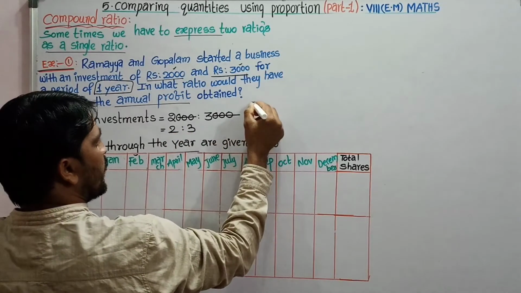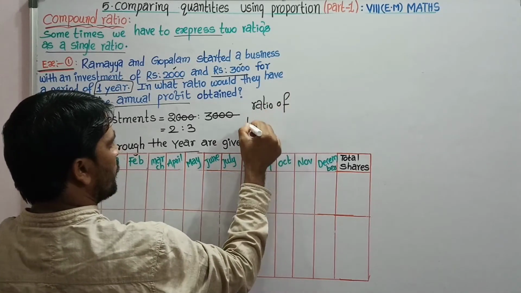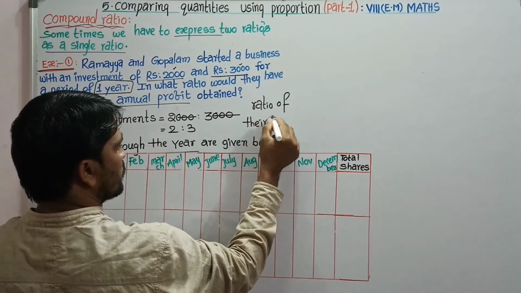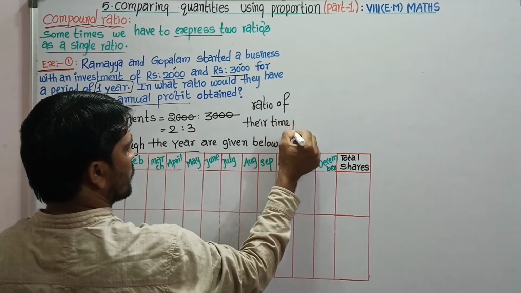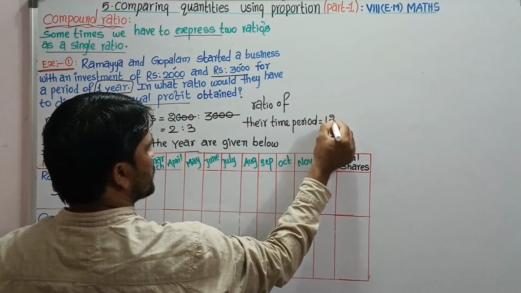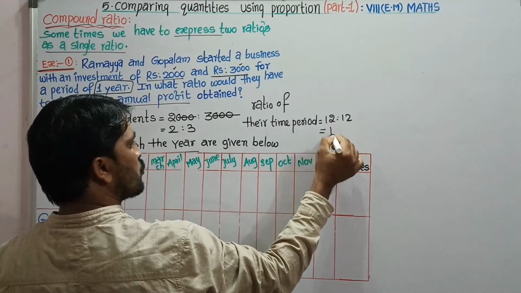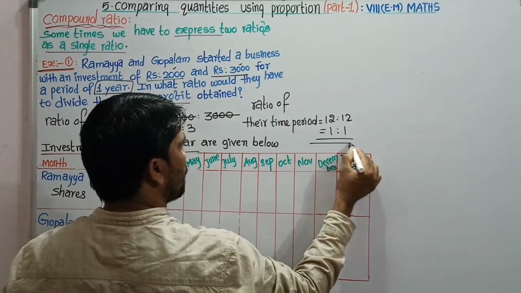And the ratio of their time period: both invested for 1 year period. So the ratio of their time period is 1:1. That is, time period is equal.